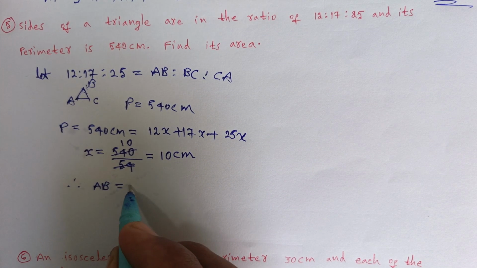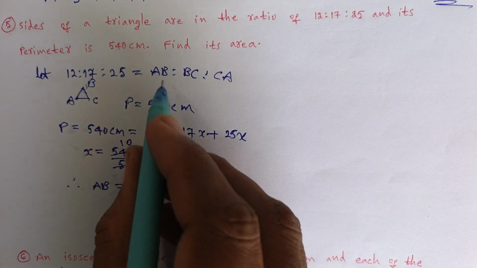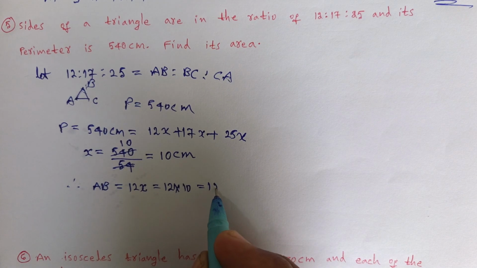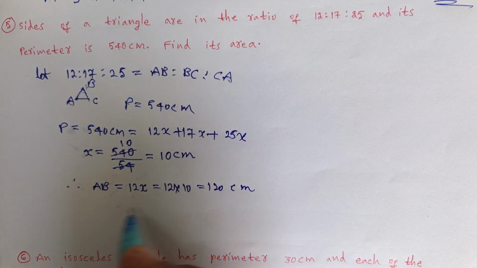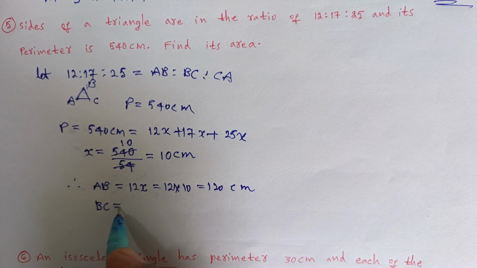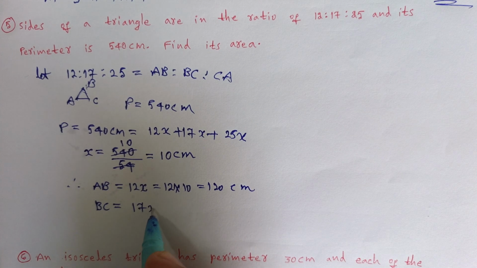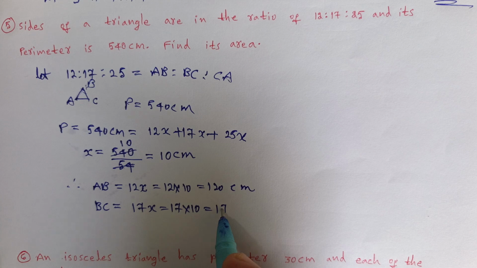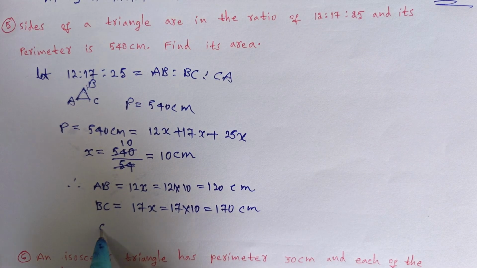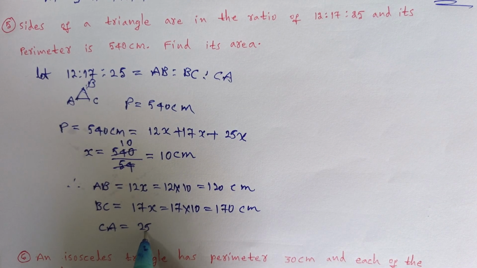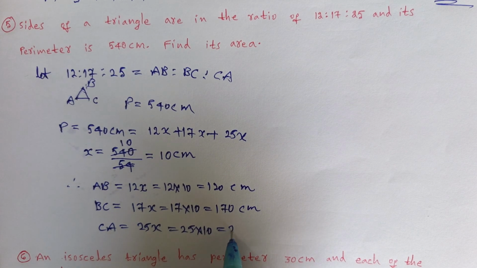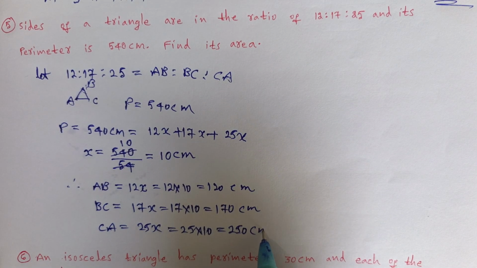AB side value 12 into x, we already assumed AB equal to 12 into x. So that means 12 into 10, 120 centimeters. In the same way BC, 17x we will take. So 17 into 10, 170 centimeters. Finally CA we will take 25 into x, that is 25 into 10, 250 centimeters.